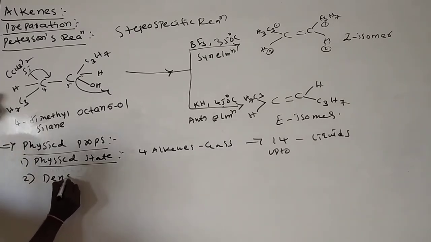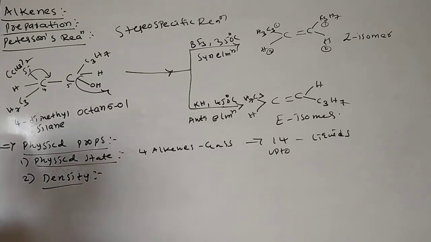And density: alkenes have more density than water due to more mass compared to water. CH2=CH2 means 14 plus 14, nearly 28, while water's molecular weight is 18.